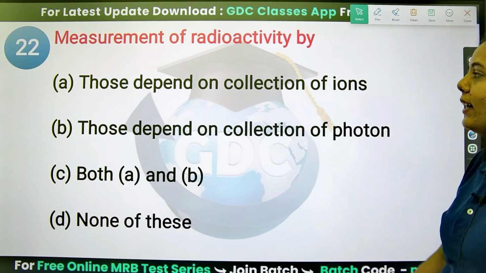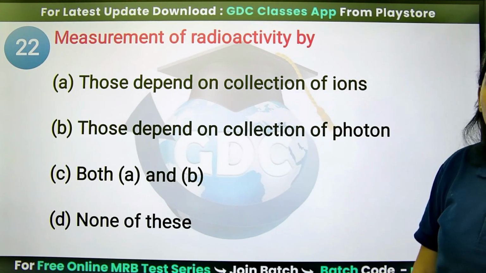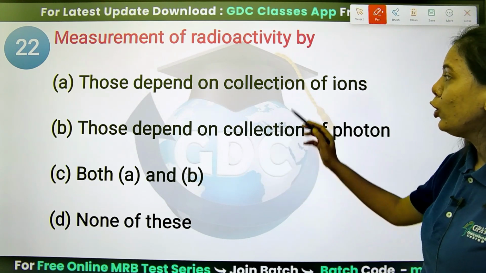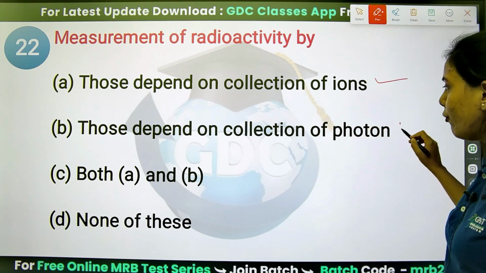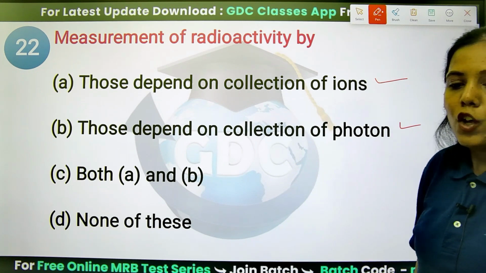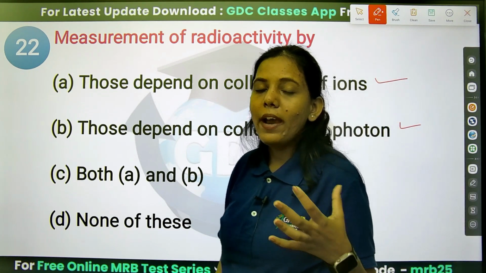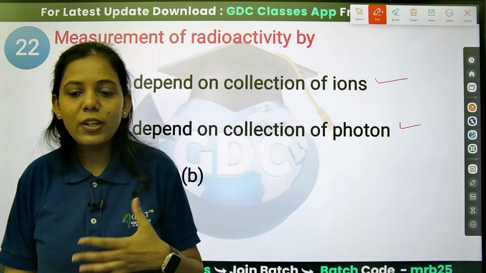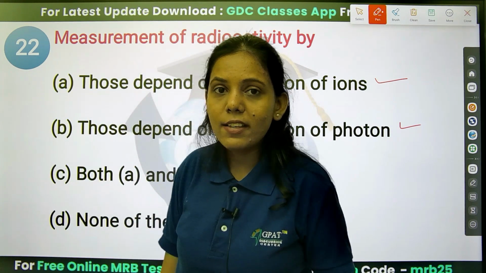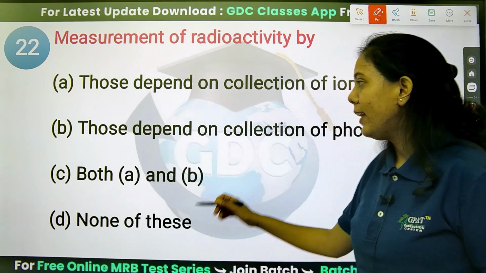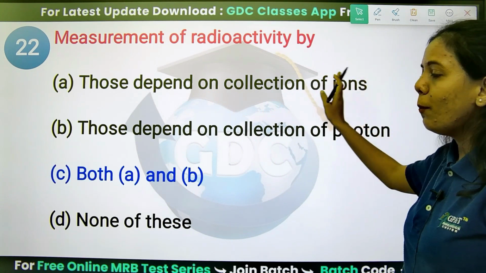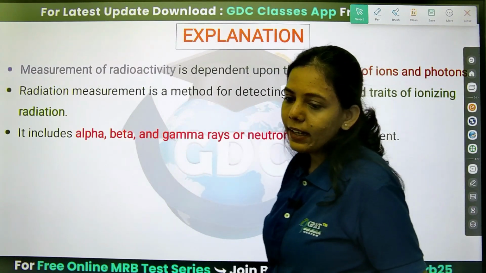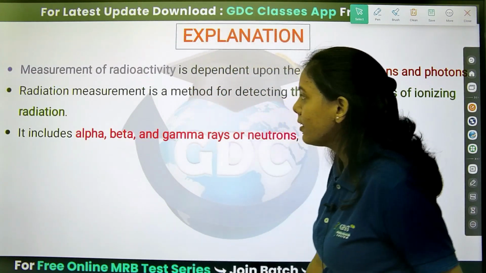Measurement of radioactivity depends on collection of ions, or on collection of photons, both A and B. So the radioactivity is measured by both, which depend upon collection of ions and upon collection of photons. Both A and B is the right answer.